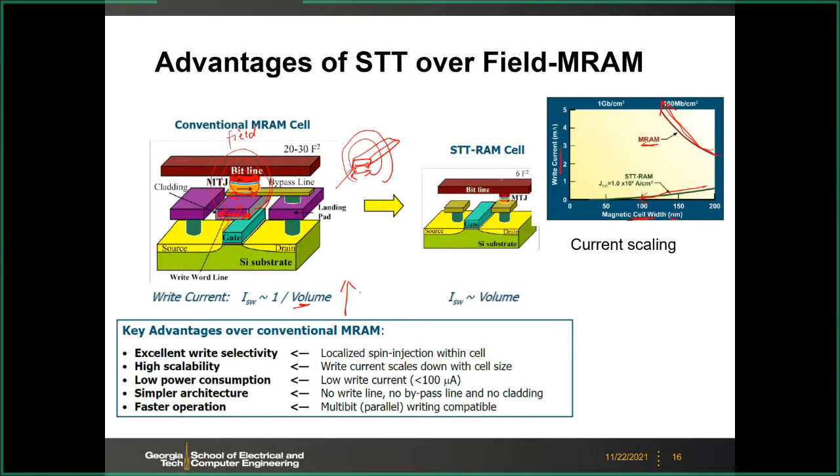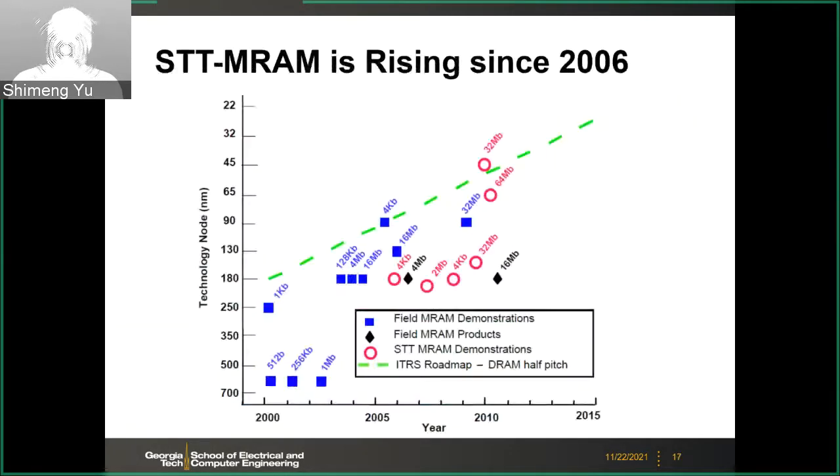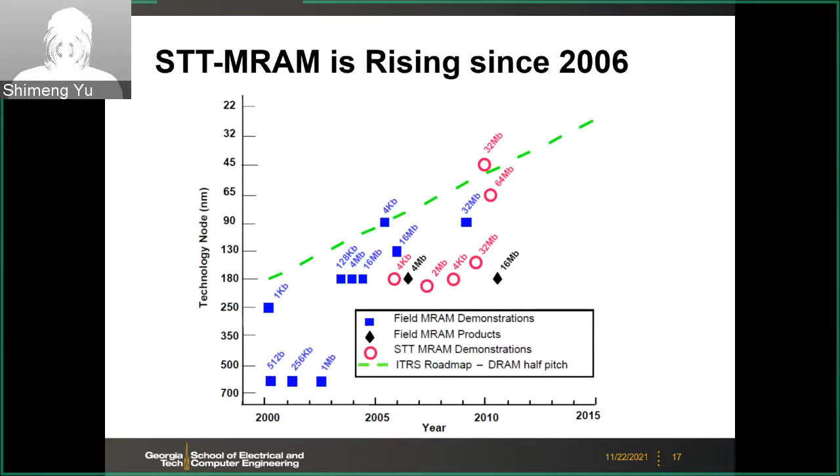So for STT-MRAM, the switching mechanism is by passing the current directly through the MTJ stack. You don't rely on an external field, and we will discuss that in a minute. So STT is good for scaling compared to the field switching MRAM. So what is STT? STT is spin transfer torque MRAM, and this was discovered in the mid-2000s, around 2005. You look at the trend in terms of prototype chips.